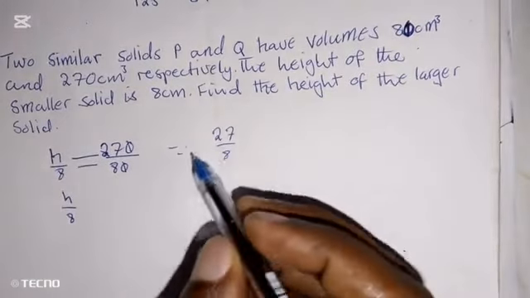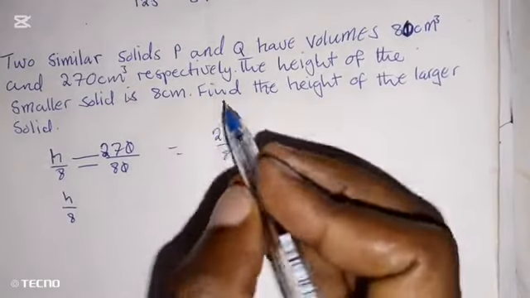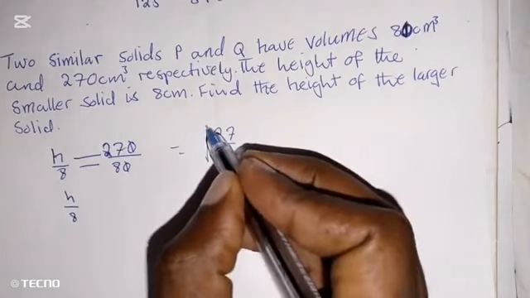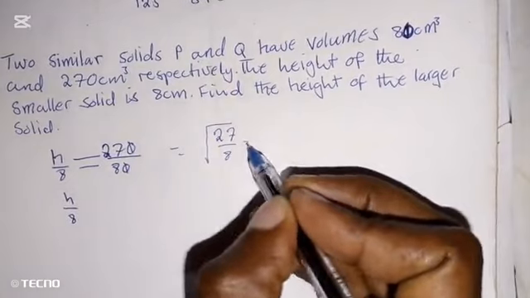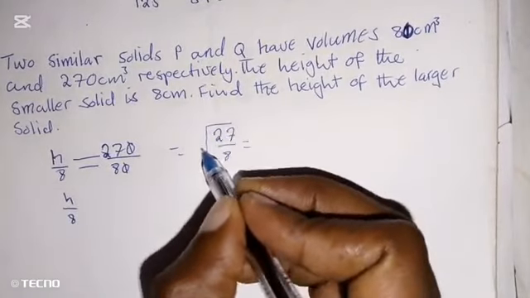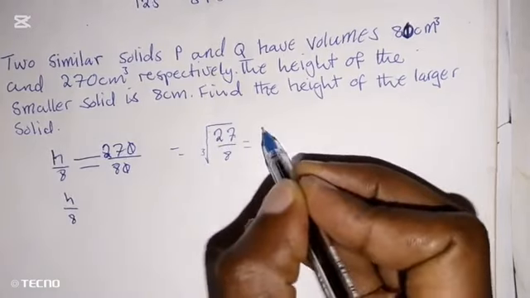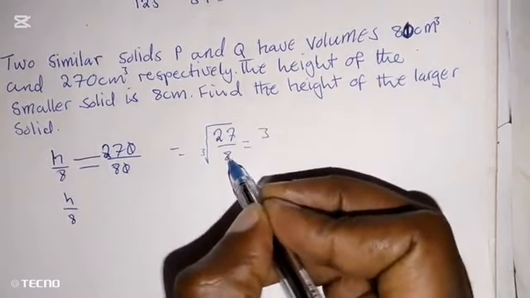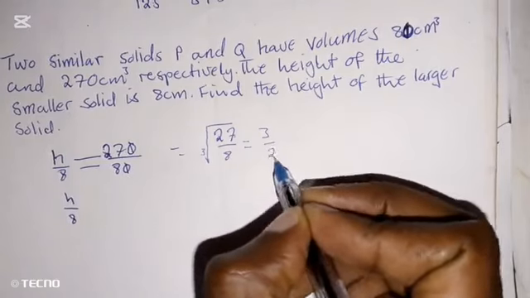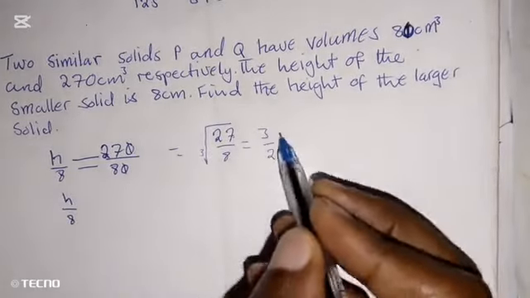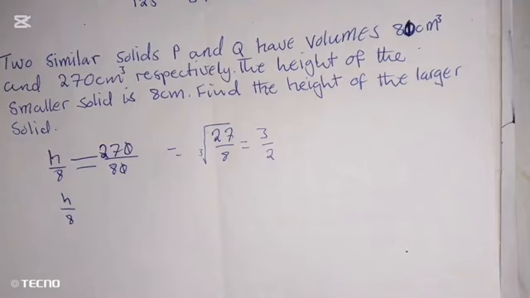To put this on the formula, we are going to find the cube root of these two volumes. The cube root of 27 is 3. The cube root of 8 is 2. So these are the ratios or dimensions of volume that we are going to consider.